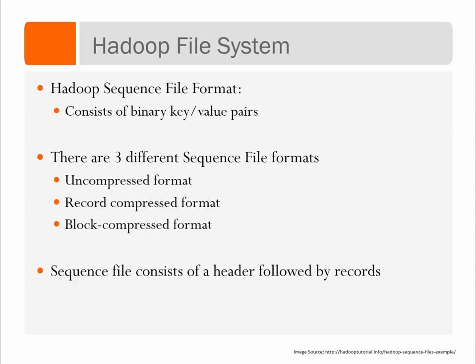We have three different sequence file formats. The first one's uncompressed, the second one's record compressed, and then the third is block compressed. The sequence file consists of a header followed by records. So let's take a quick look at those.